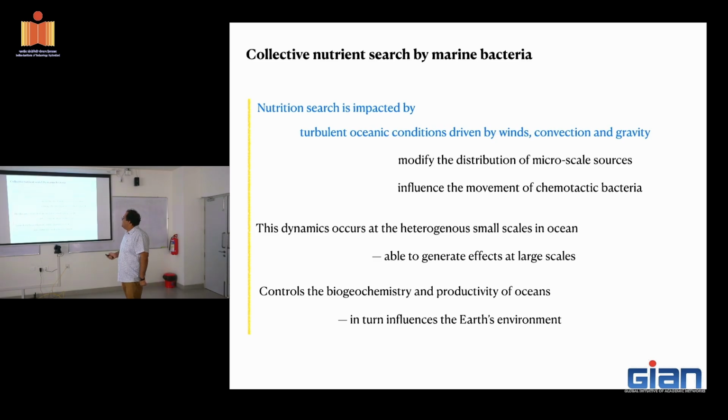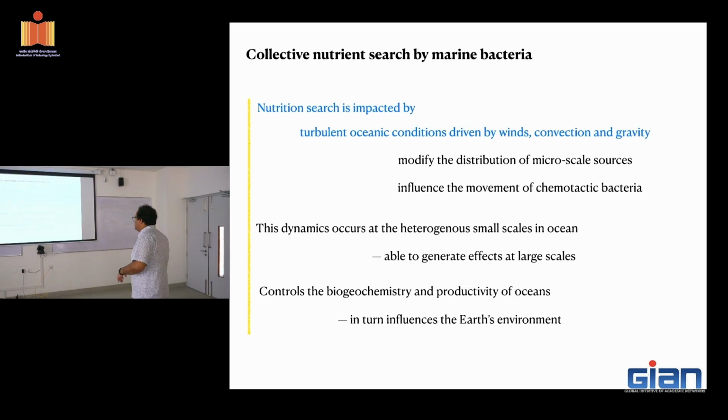But no, the nutrition search is impacted by turbulent ocean conditions, which are often driven by winds, convection, gravity, okay? And these can modify the distribution of microscale sources of nutrition, okay? Which in turn can influence the movement of chemotactic bacteria. So eventually it becomes a very complex process.